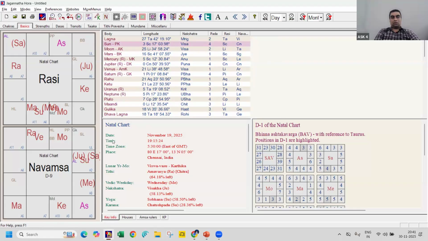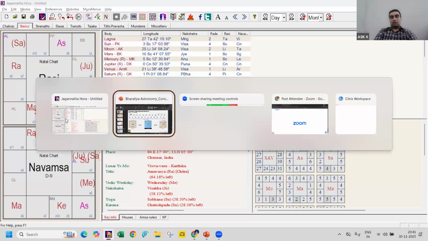So there's a very little separation between the sun and the moon, and the Amavasya Tithi has already started, right? You can see that the Amavasya has started in the Kartika month, and 64% is left, right?